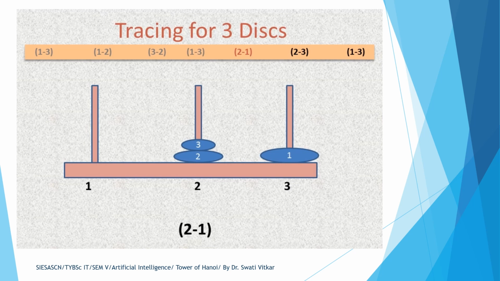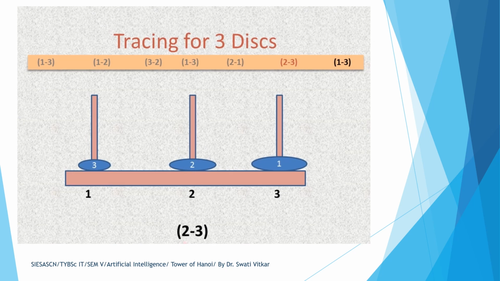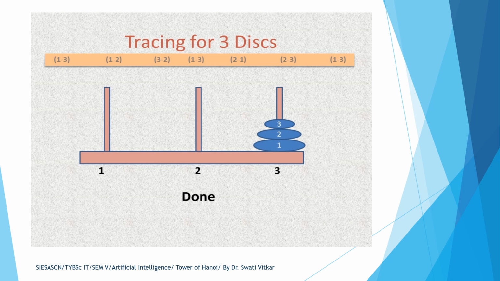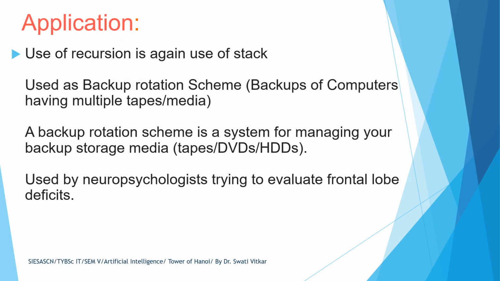So we are moving 2 to 1 like this. And then 2 to 3 here. And then 1 to 3. So this is how we have transferred all disks from tower 1 to tower 3, and this is done.